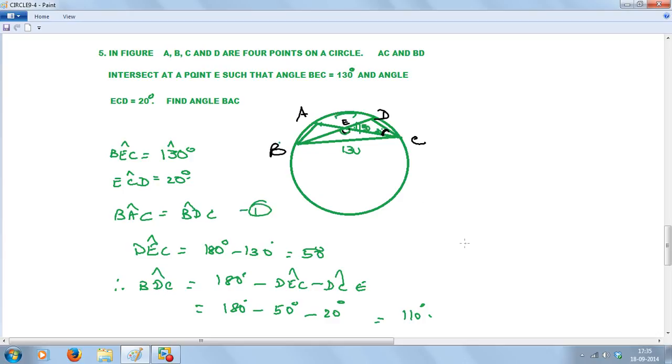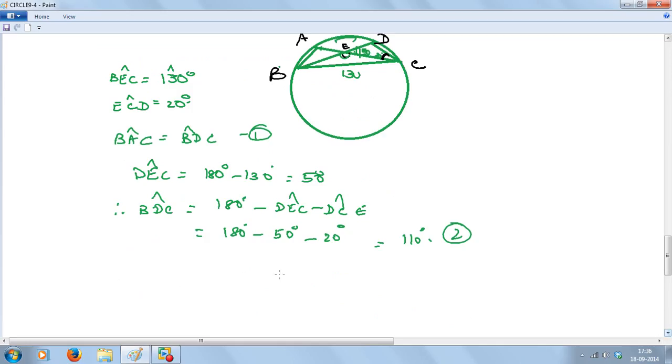So we know by 1 and 2, angle BDC is equal to angle BAC. So angle BAC is equal to 110 degrees.